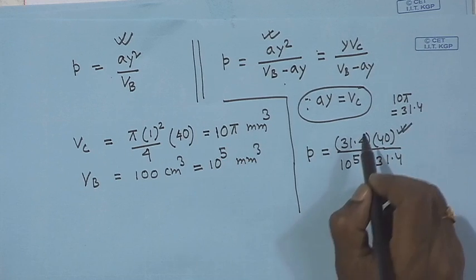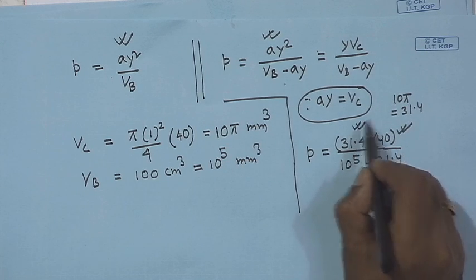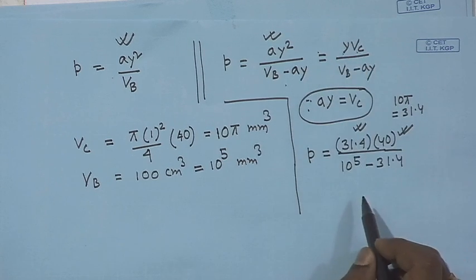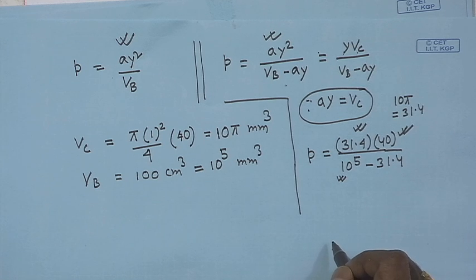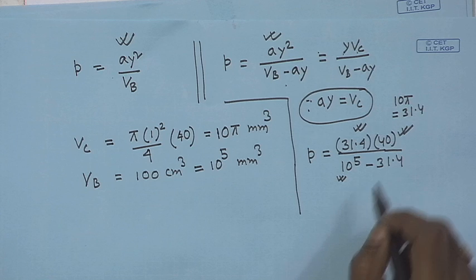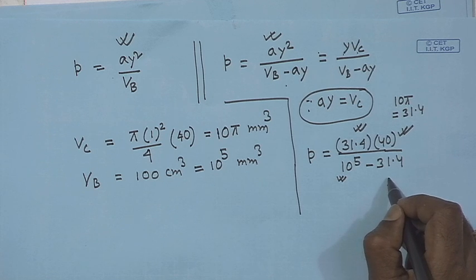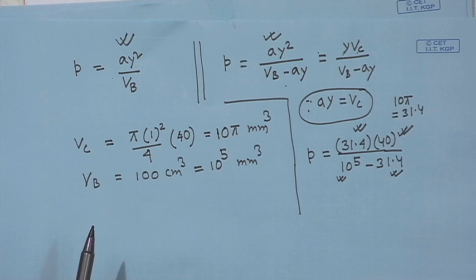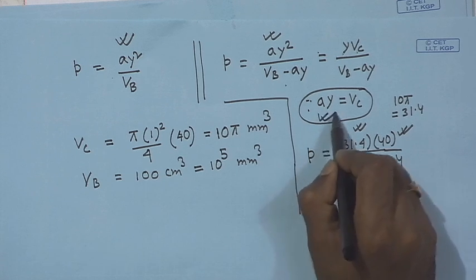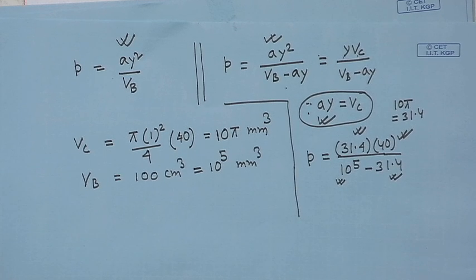So, y, V c, V b, A y, because V c is the same as A y.